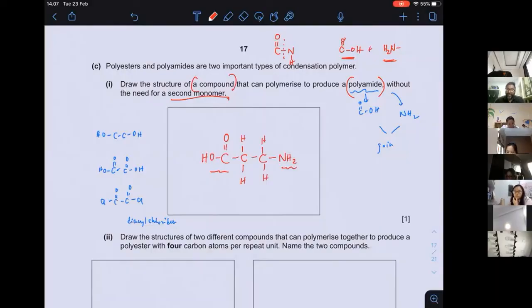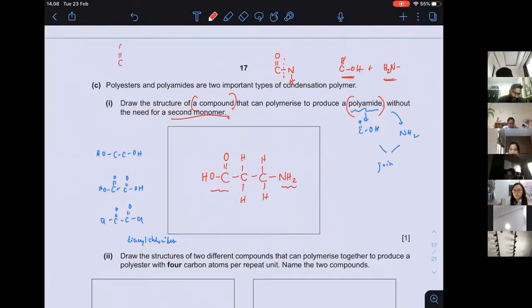Can we write another type of answer? Yes, it's possible. Another type of answer is that you can also react with Cl, if you don't want to put the carboxylic acid. For example, if I have C double bond O Cl, and then I have NH2, then it's also possible, because you are going to get the peptide linkage also.